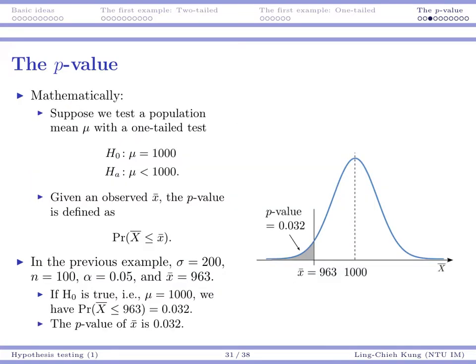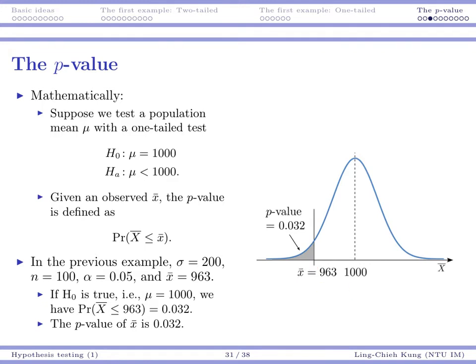Okay, so the definition sounds weird, but the calculation is actually very straightforward. Recall that we have this one-tailed test, right? And then what's the p-value? Given an observed x bar, the p-value is the probability for us to observe a sample mean that is even more extreme than what we have observed. What we observed is 963.